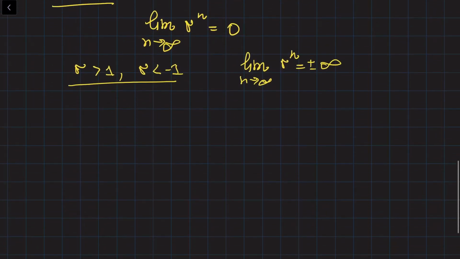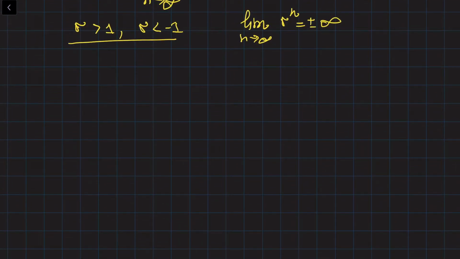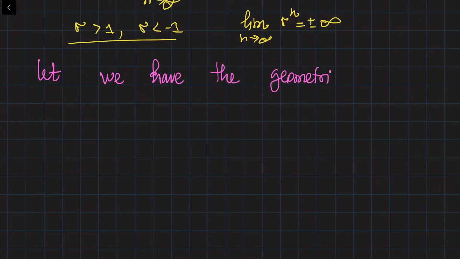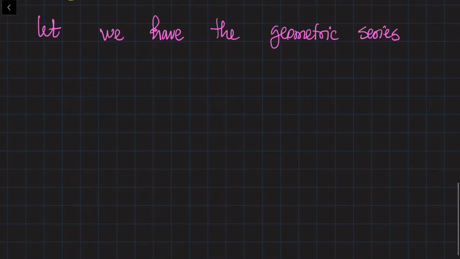And what is actually its limit? So let's assume that we've got a geometric series. In this case, we are going to write down the geometric series as a plus a times r plus a times r squared plus and so on, plus a times r to the power of n minus 1 plus and so on.